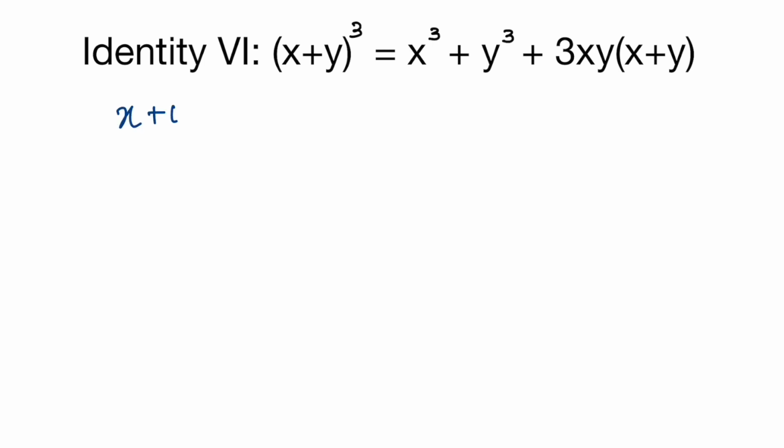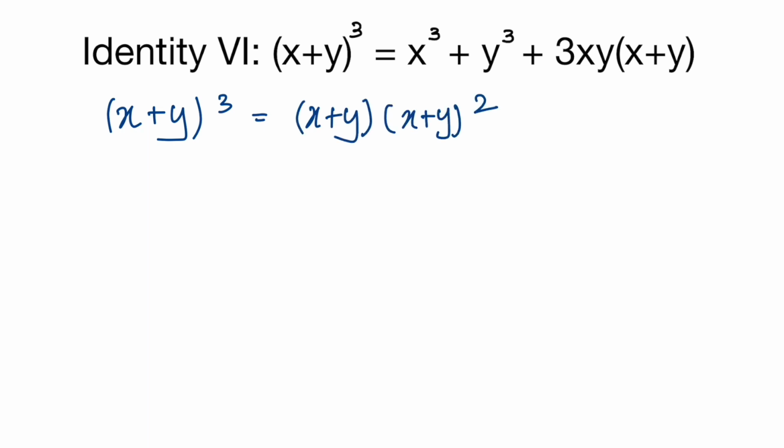So (x + y) the whole cube is basically (x + y) into (x + y) the whole squared, right? Easy, we know this. (x + y) the whole squared into (x + y) is (x + y) the whole cube. Now, we know the expansion of (x + y) the whole squared, don't we?